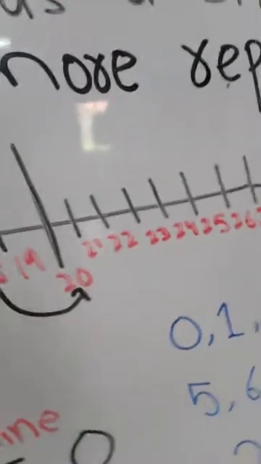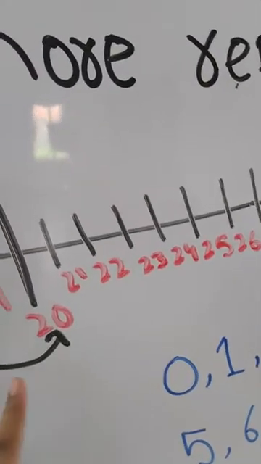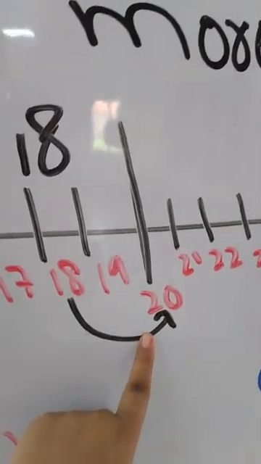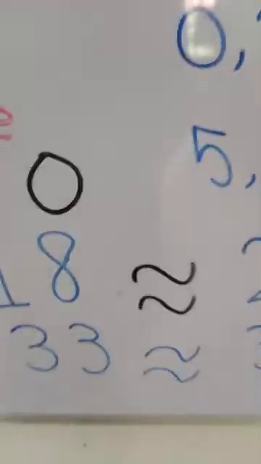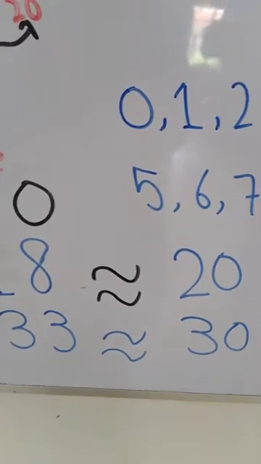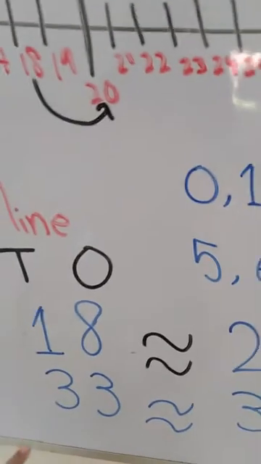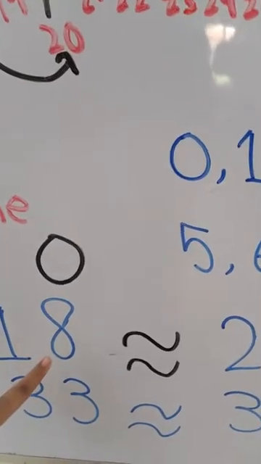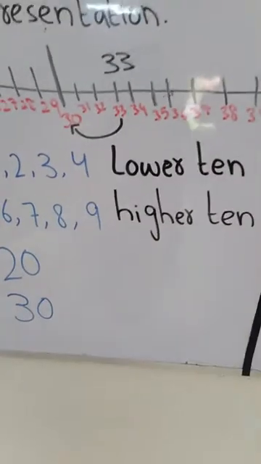So we can see on the number line that in the higher 10, the number near to 18 is 20. So 18 is approximately 20. 18 rounds off to 20, because in the ones place there is 8 and 8 is in the higher 10.